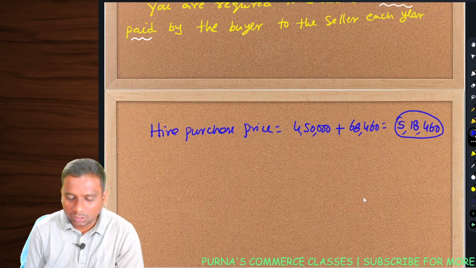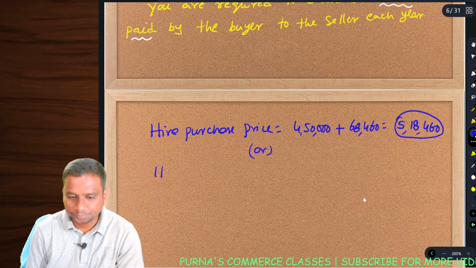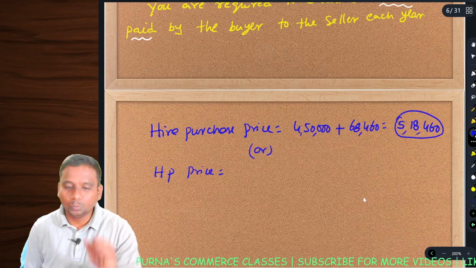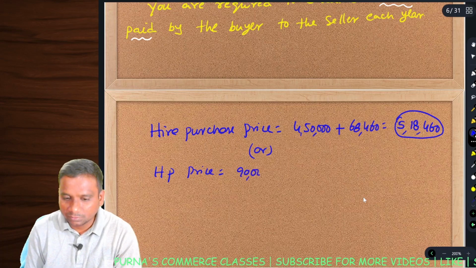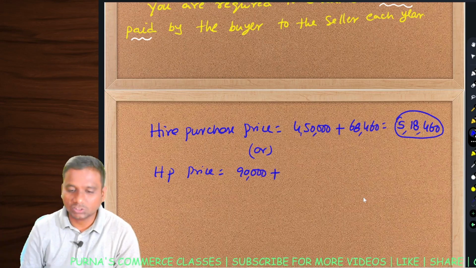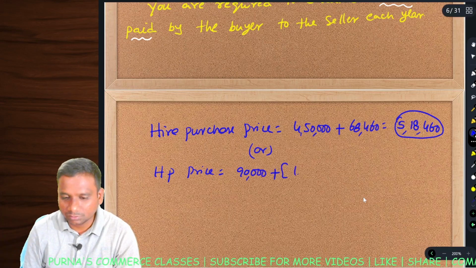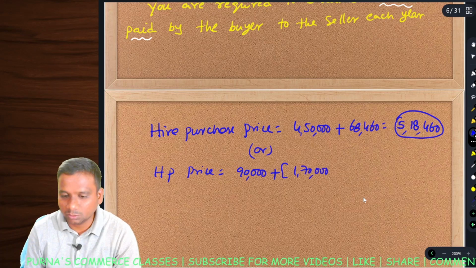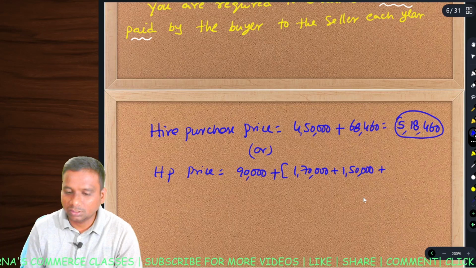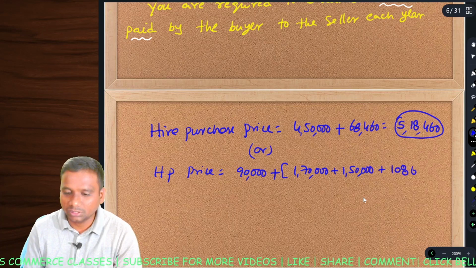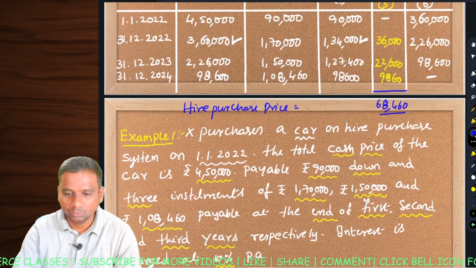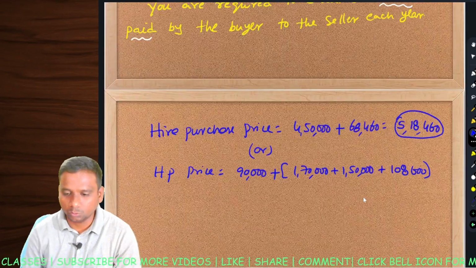What is the other formula for hire purchase price? Hire purchase price is equal to down payment, 90,000, plus all installments. First installment 1,70,000. Second installment 1,50,000. Third installment 1,08,460.